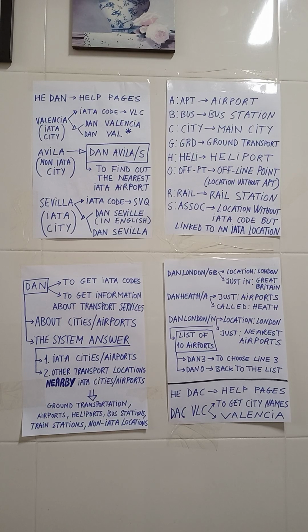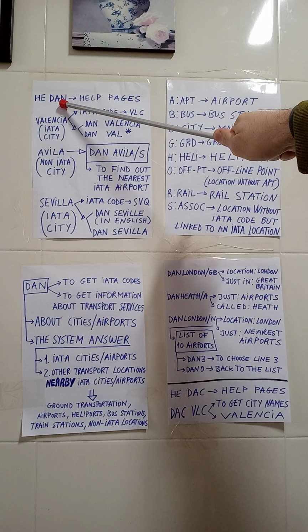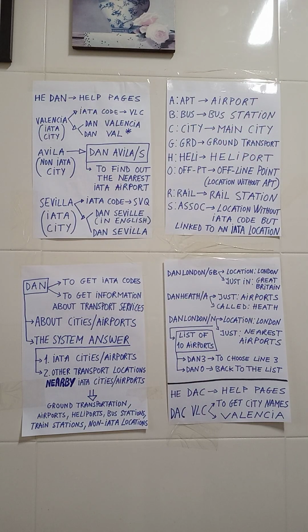That is, DAC is generally used for decoding, while DAN generally is used for encoding, which is totally different, totally the opposite.